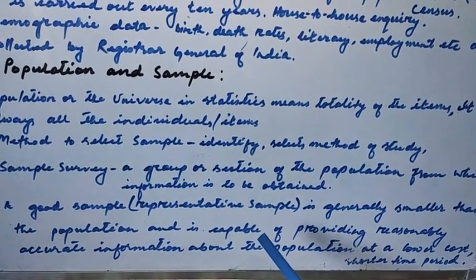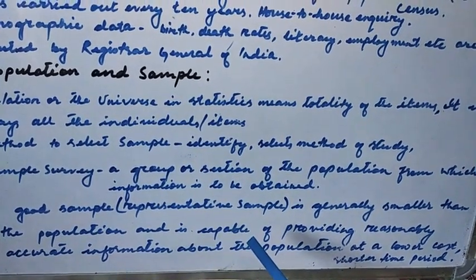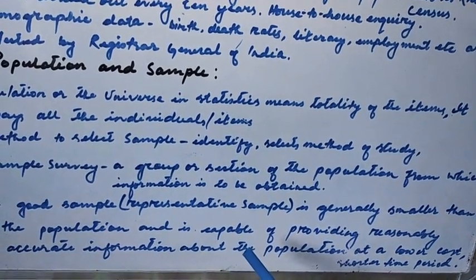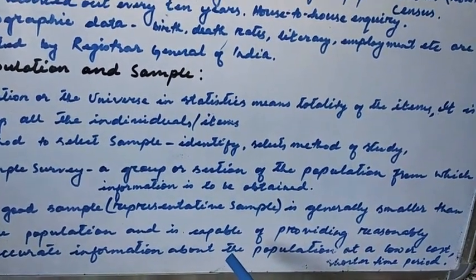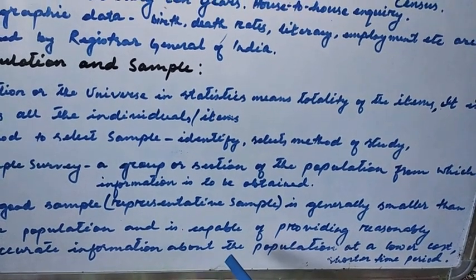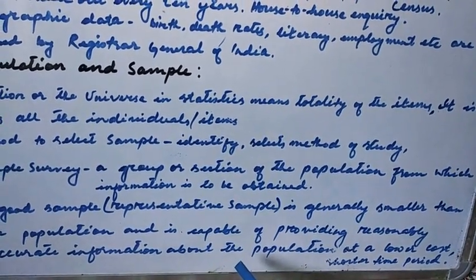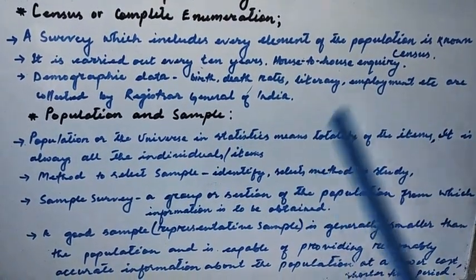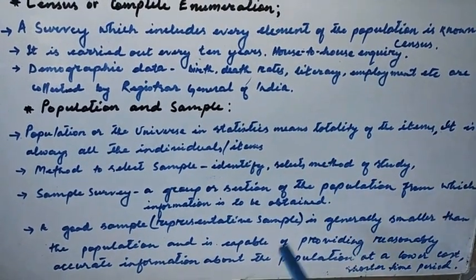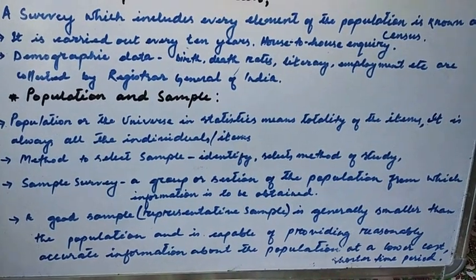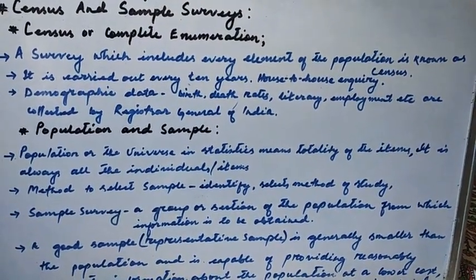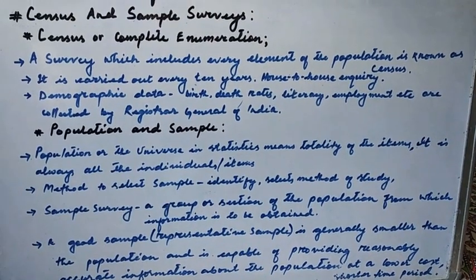That is why we are selecting a sample, which will cost us a bit lower, and then we can finish the investigation in a shorter period of time when the number is less. But the sample, or representative sample, should provide accurate information about the population. That is why we have to be very careful when we select the sample out of the population.